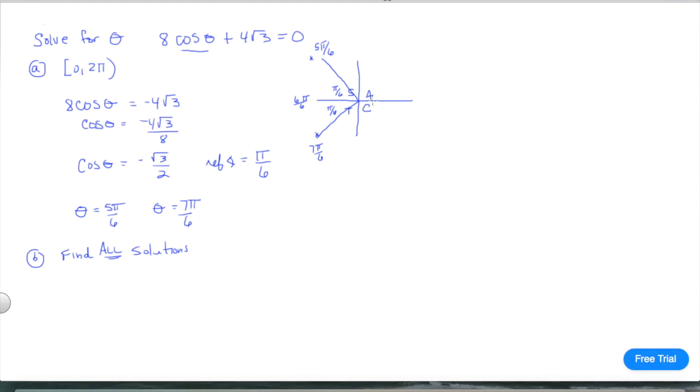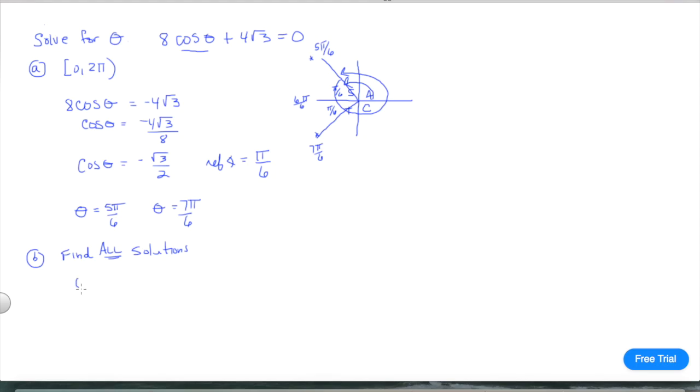So really, this is the first angle we would come to, but then from here, I could continue to add 2 pi forever. And cosine of that angle would also be negative square root of 3 over 2.